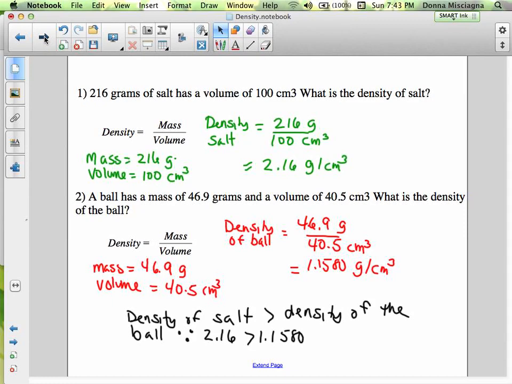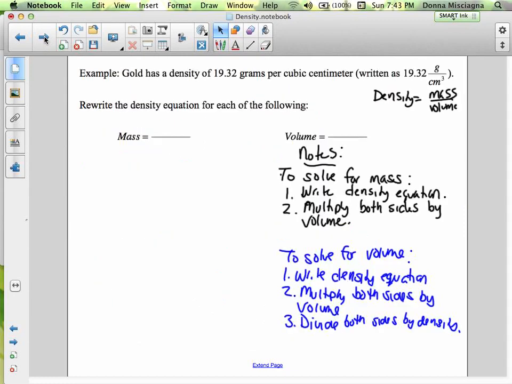All right, let's try another one. Gold has a density of 19.32 grams per cubic centimeter. Our density is mass over volume. We're going to rewrite the density equation for each of the following. Here we're not going to find the mass or the volume because we're only given one piece of information.